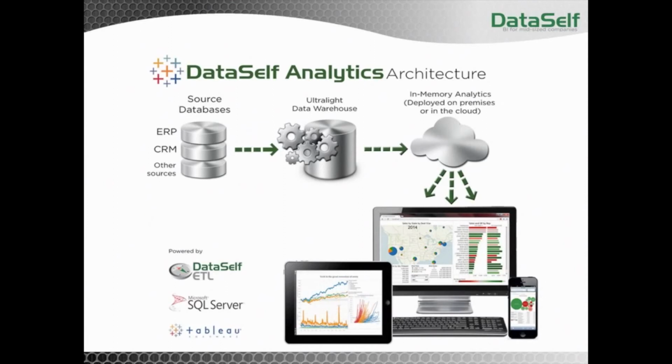If you want to combine your ERP information, if you have, as I mentioned, point of sales, inventory systems, or information coming from your customers, if you have big customers that provide you with estimates of their purchases, you can combine all this data in the ultralight data warehouse.